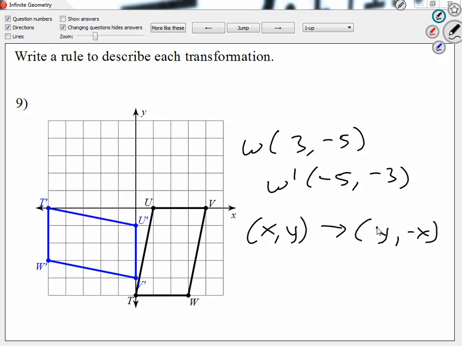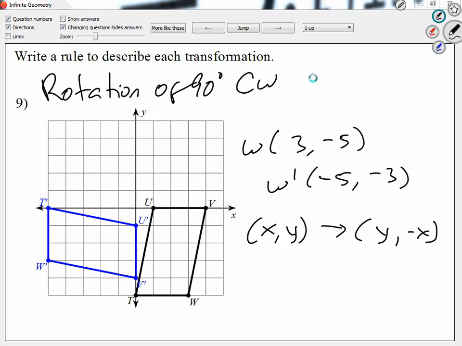I'm just following point W. Which rule is that? Rotation 90 degrees clockwise. Okay. So let's just write that out: rotation of 90 degrees clockwise about the origin.